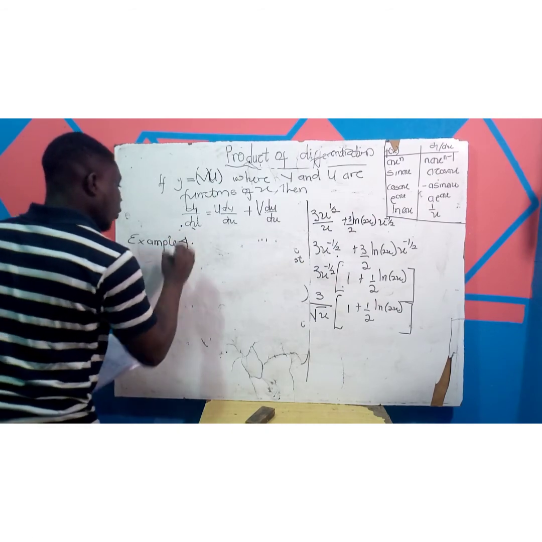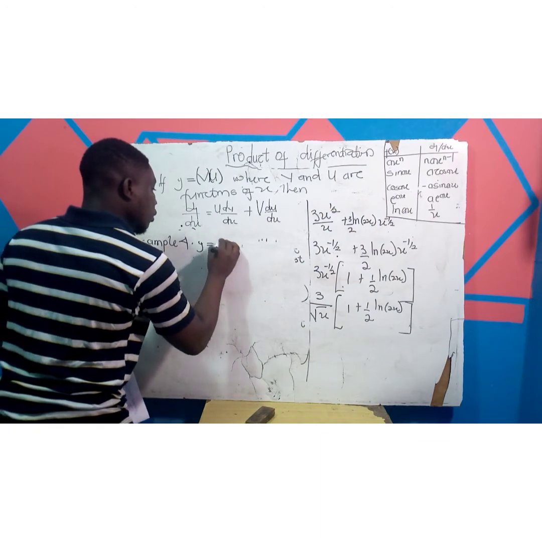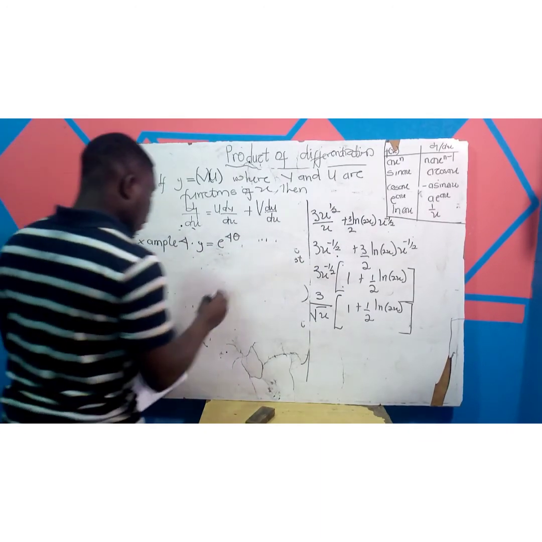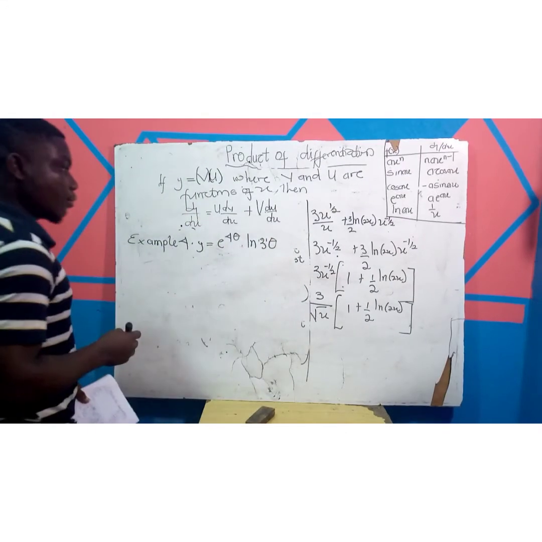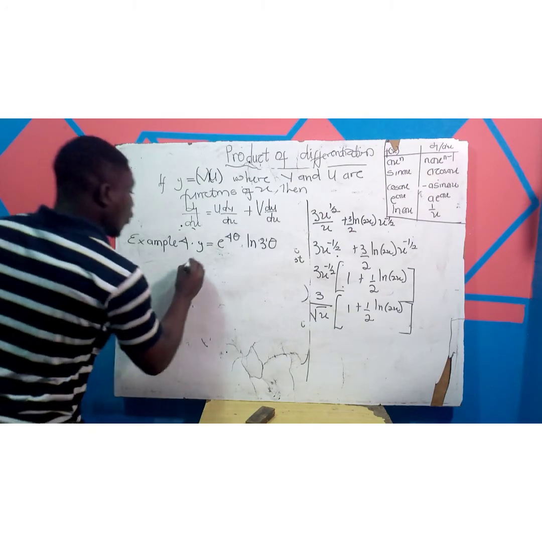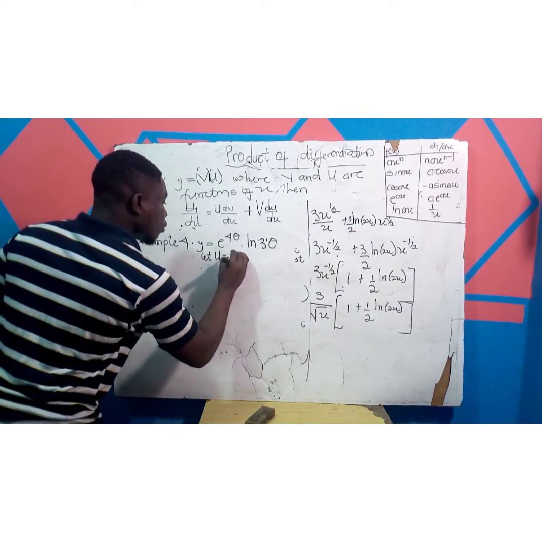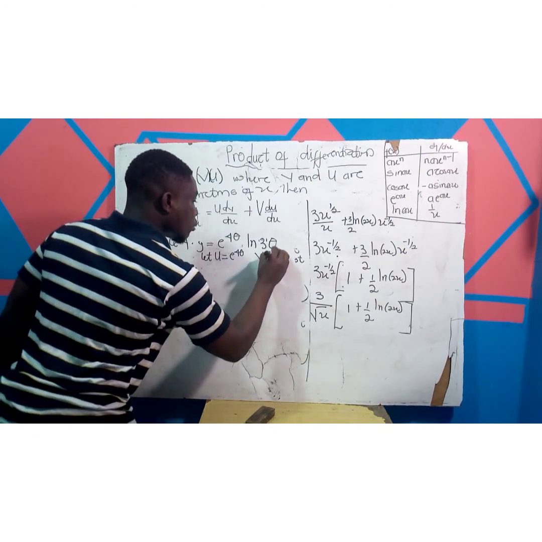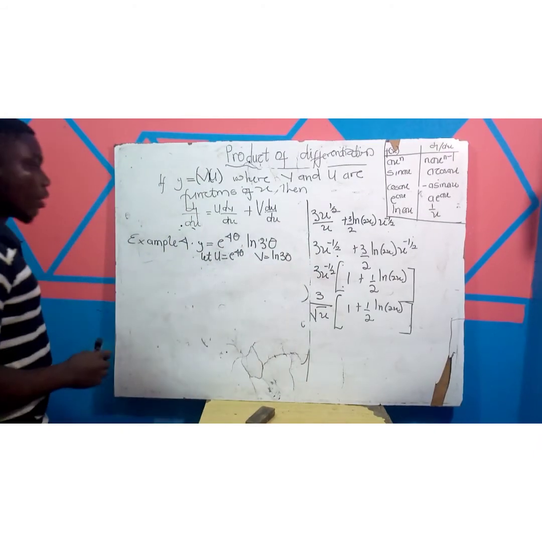Example 4, having y is equal to e exponent 4 theta, then ln of 3 theta. Good. So let u be equal to e exponent 4 theta, then your v will be equal to ln 3 theta.